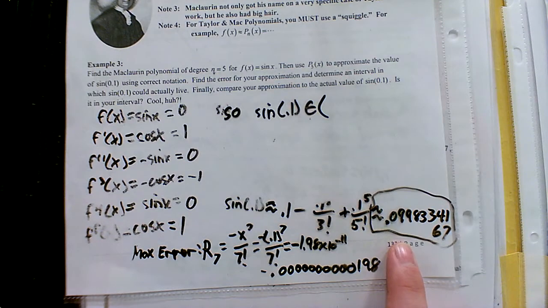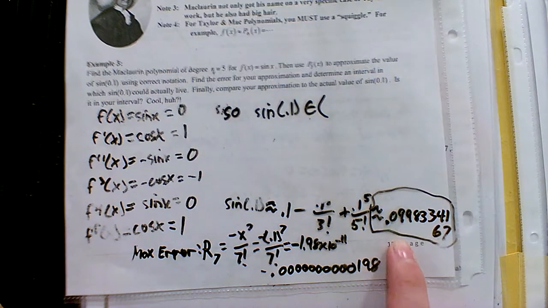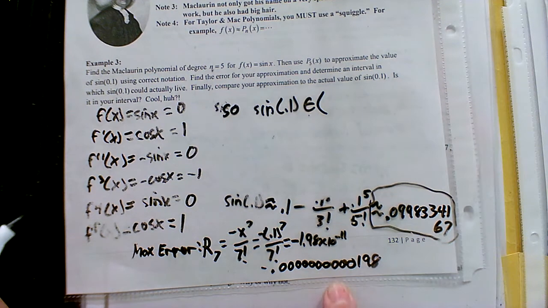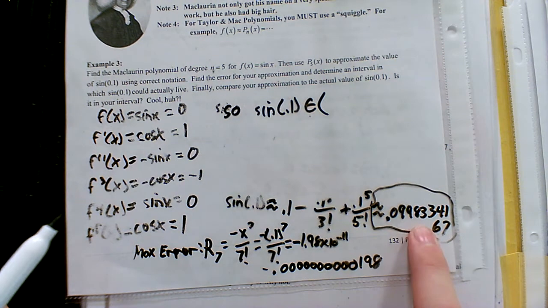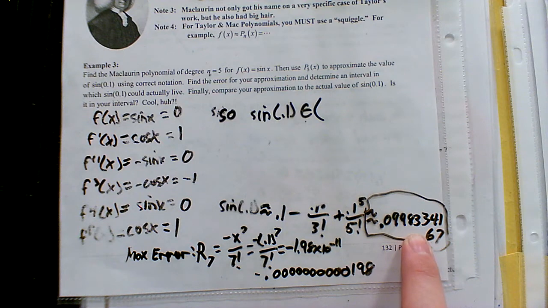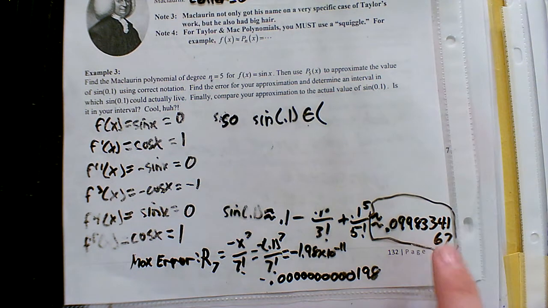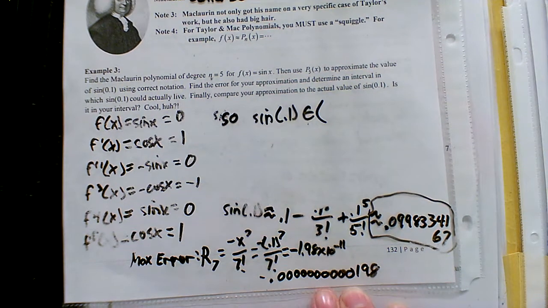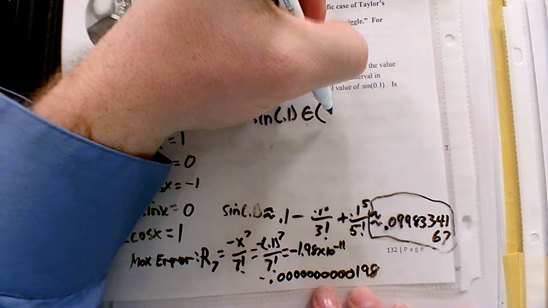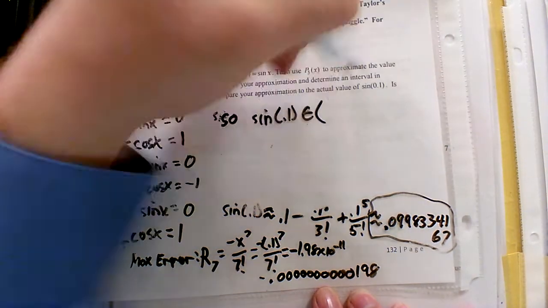So we have our approximation here of the 5th degree. We need to take our 5th degree approximation and subtract off the 7th term, because we know the 7th term was going to be subtracted. So go ahead and take this term, your approximation. That's our upper bound. We know at most it's going to be that from the 5th degree, but we know it has to be within that and whatever the 7th term is. So when you subtract those two, you would get your lower and upper bounds.